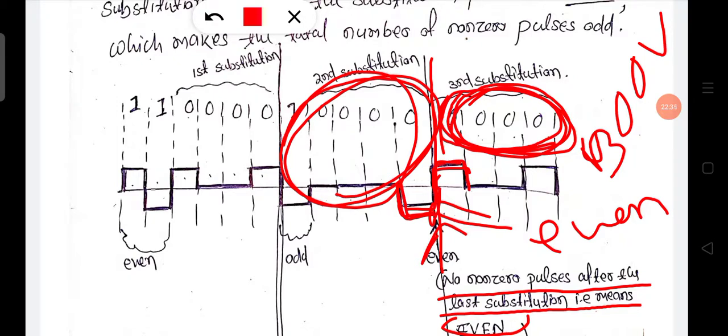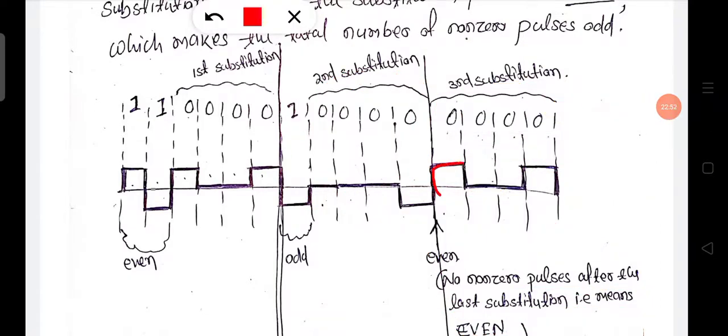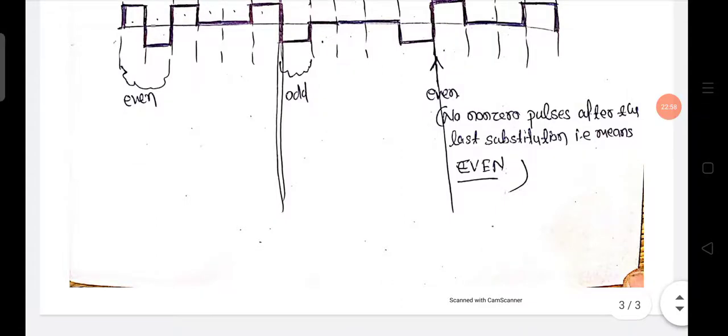And 0 0, then this is V, which is the same polarity as the previous non-zero polarity. The previous non-zero polarity is positive, so this is positive. That's all. Thank you.